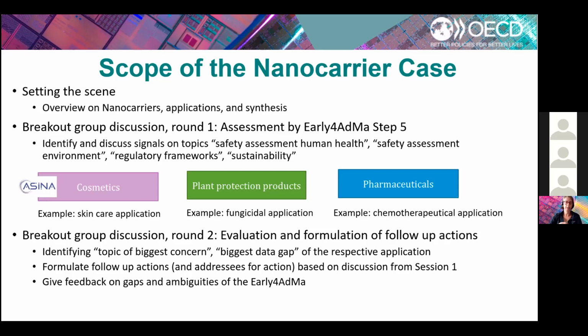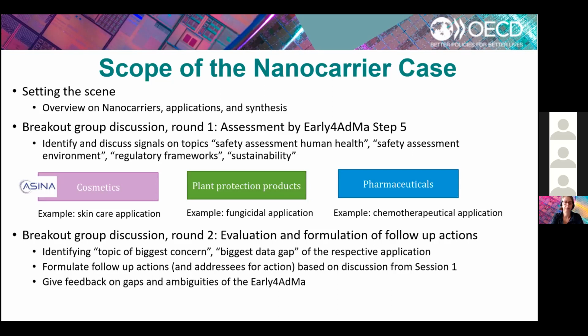And in the second breakout group discussion, we then evaluated and formulated follow-up actions. The aim here was to identify the topics of the biggest concern and the biggest data gap of these 3 applications.